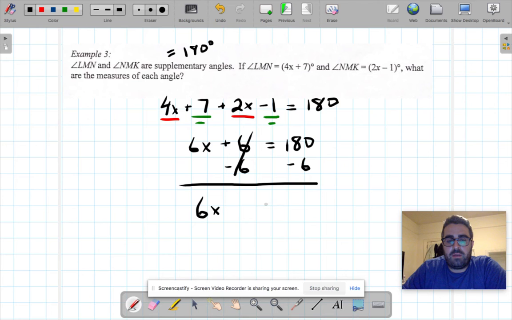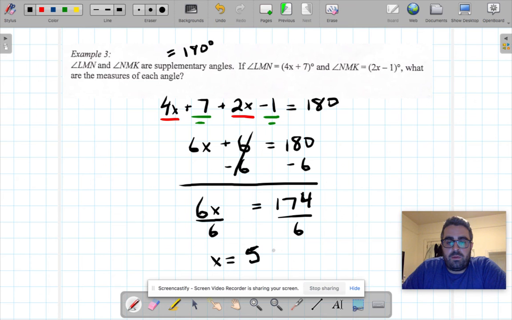Bring down 6x. 180 minus 6 is 174. And finally, I'm going to divide by 6. And x would be equal to 29. I'm sorry, made a mistake, it's 29, not 59.